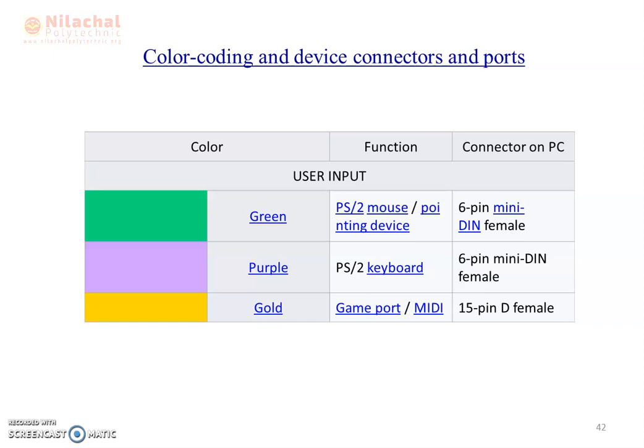Next is a purple colored port, the PS2 keyboard port, which is a 6-pin mini DIN female port. Next comes the game port, which is a 15-pin D female port. This is of gold or yellow gold color.